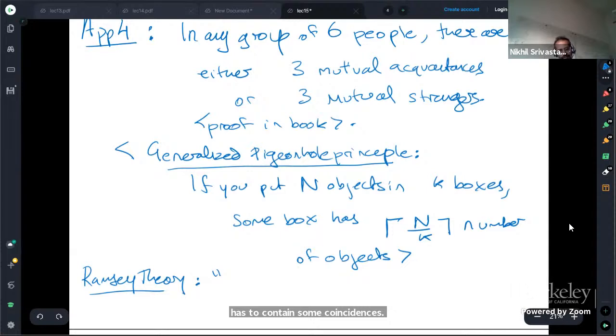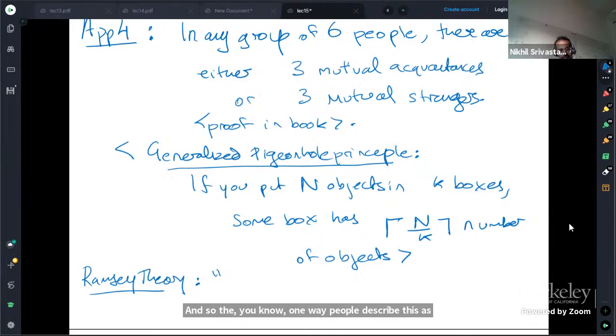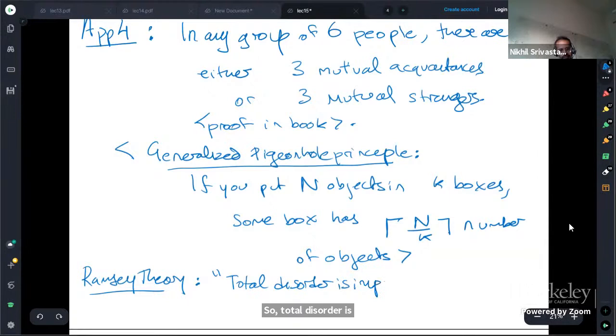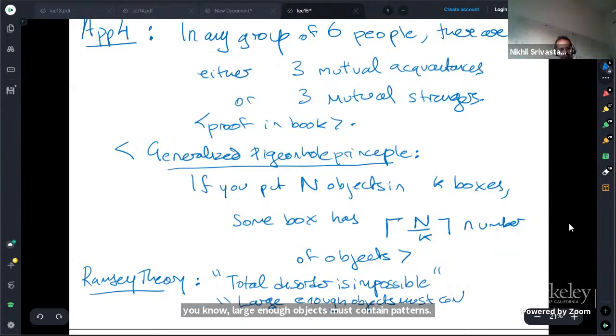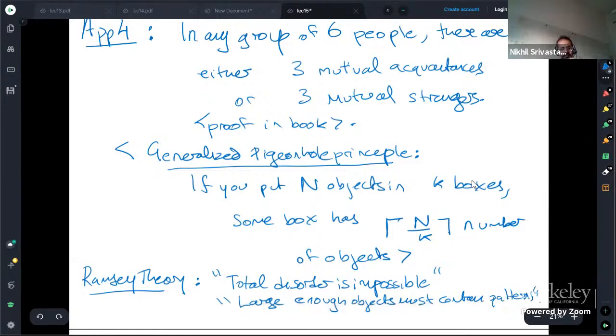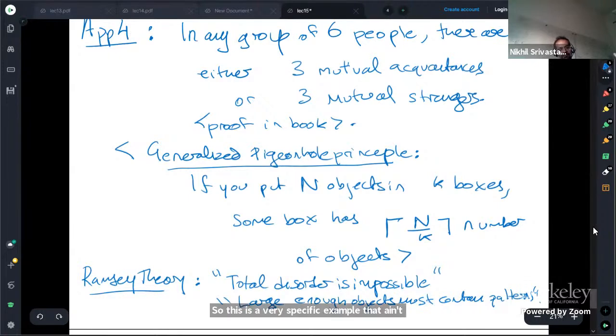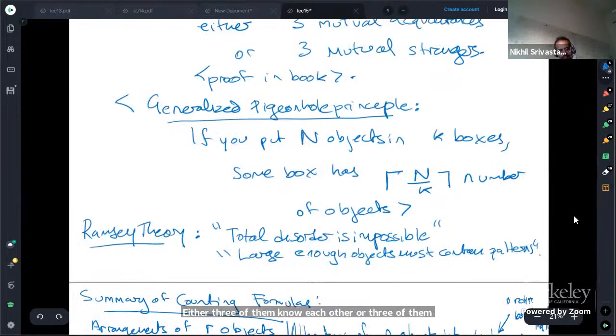One way people describe this is that total disorder is impossible, or large enough objects must contain patterns. So this is a very specific example of that. Anytime you have 6 people, there's a pattern. Either 3 of them know each other or 3 of them don't. And many of these things follow from the Pigeonhole Principle.